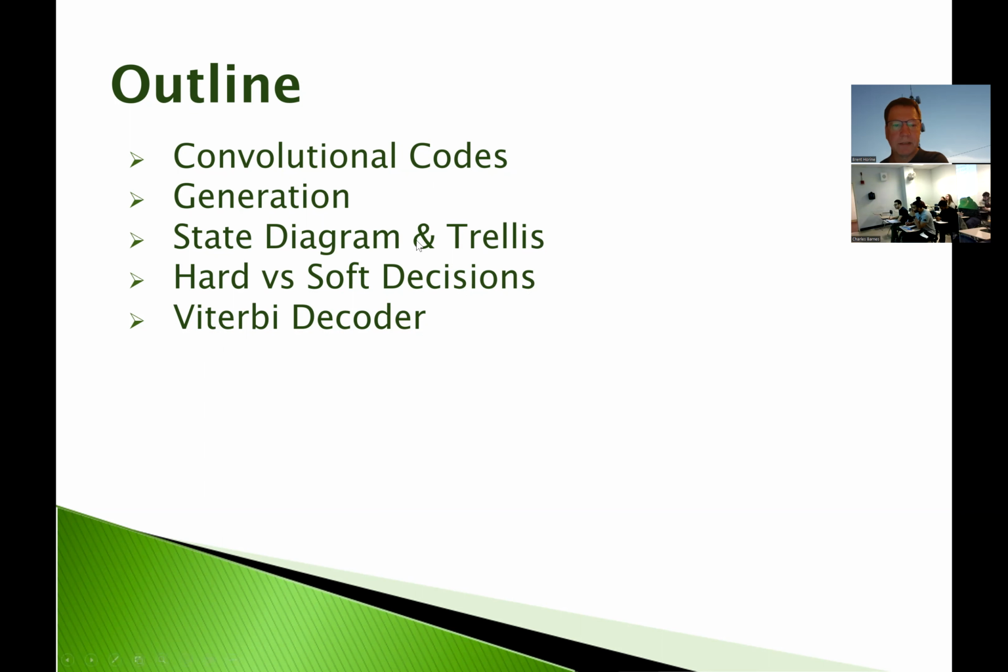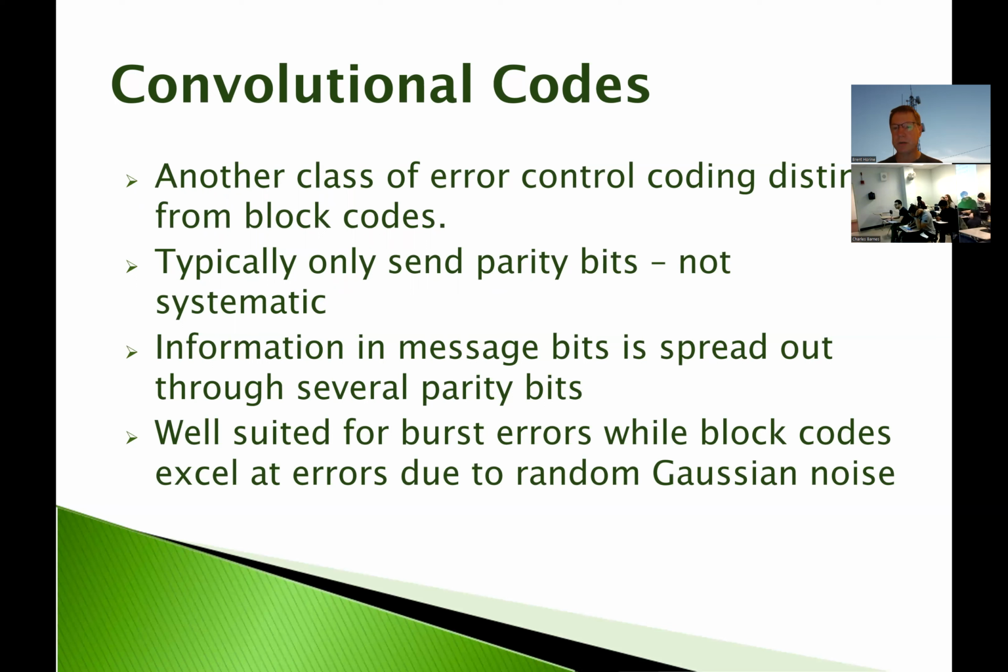Not sure if we're going to finish today. We'll wrap up next Tuesday as needed, and then also cover some source encoding. Right now we're doing channel encoding, right? So, another class of error-controlled coding that is distinct from block codes.